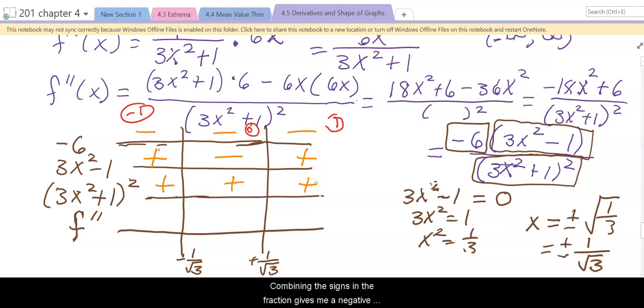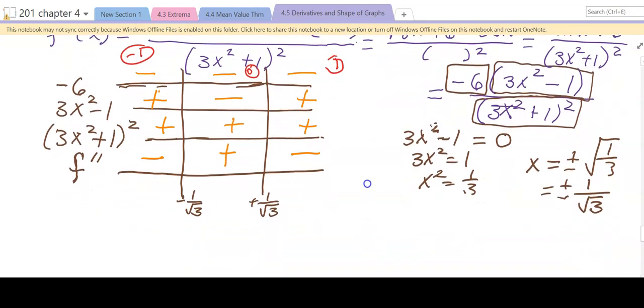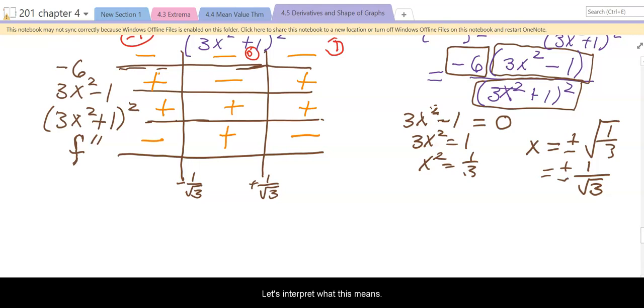Combining the signs in the fraction gives me a negative over the region from -infinity to -1 over the square root of 3, a positive between -1 over the square root of 3 and 1 over the square root of 3, and a negative again between 1 over the square root of 3 to positive infinity. Let's interpret what this means.